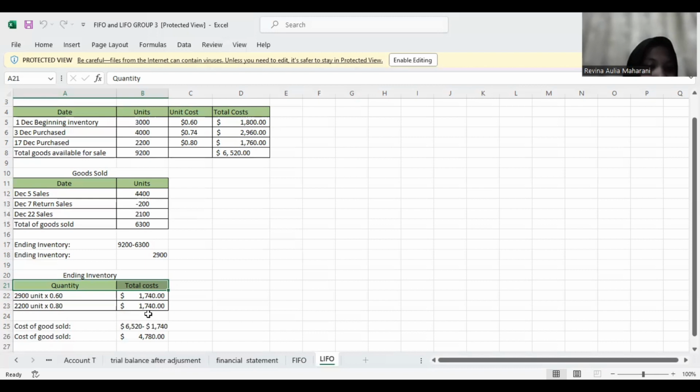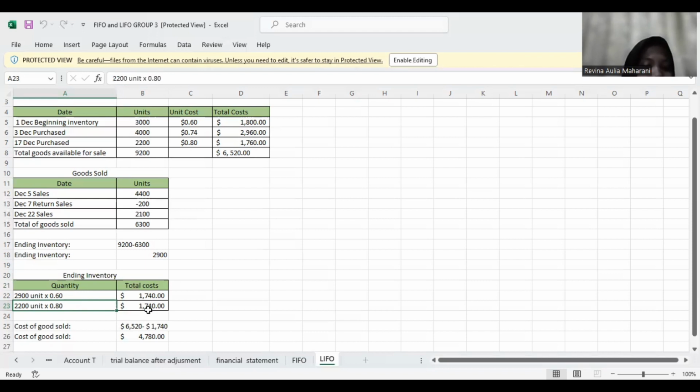I'm sorry, this is a typo. So the total cost is 2,900 units multiplied by 0.60.